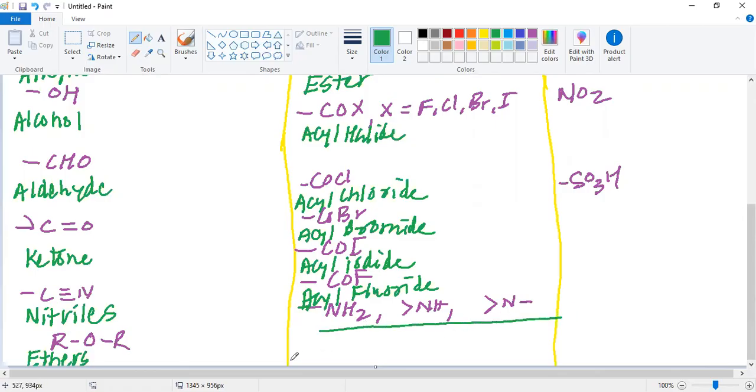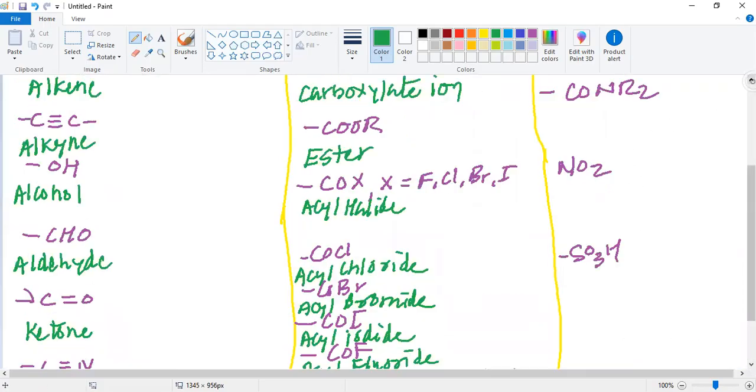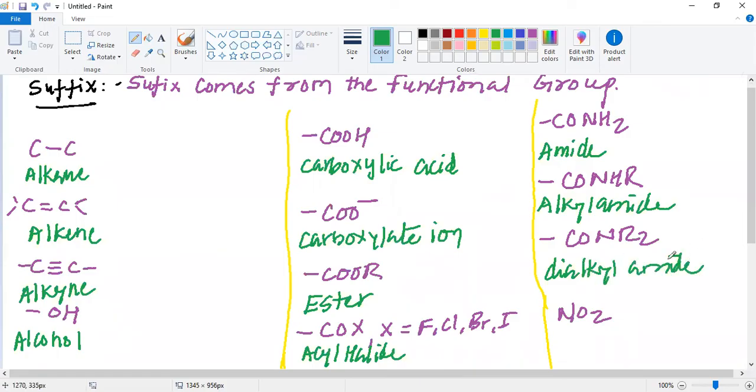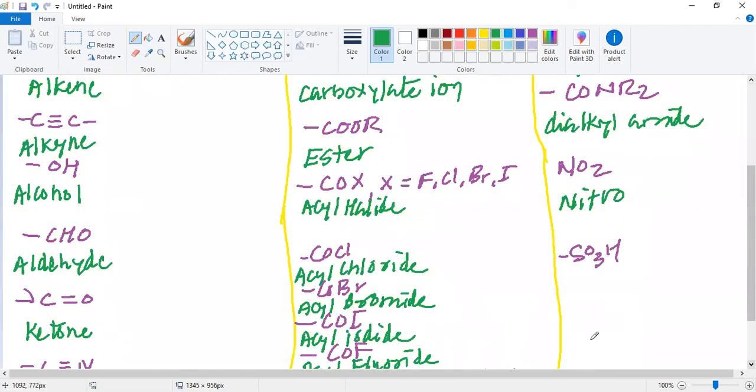This particular is known as amine, my dear students. So they are known as amines. Then, my dear students, we may have CONH2, which is known as amide. We may have alkyl amide, or dialkyl amide. We may have the nitro group, or the sulfonic acid group.